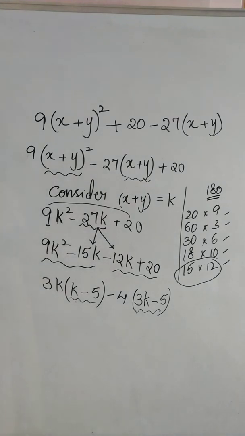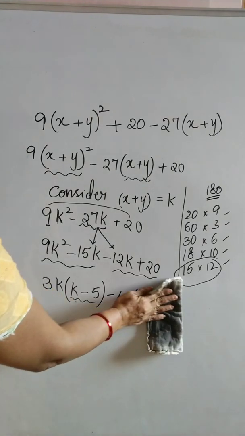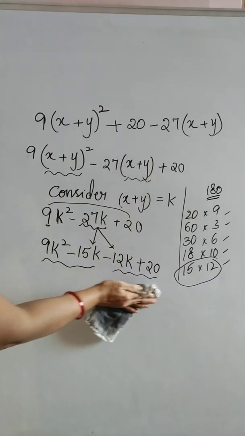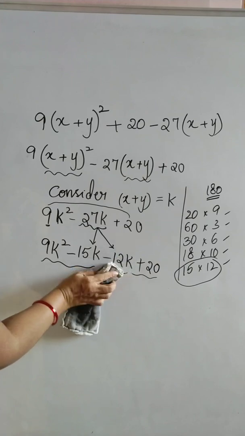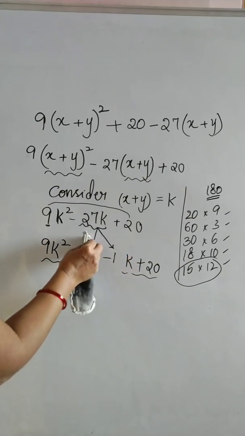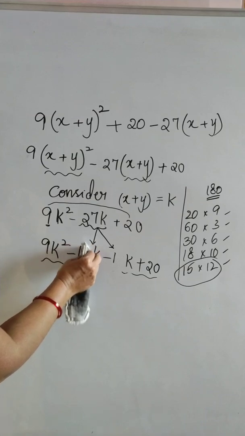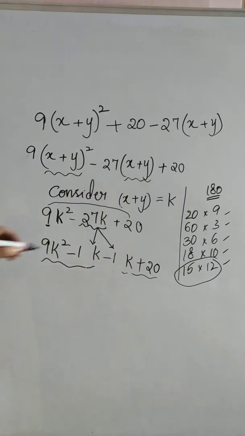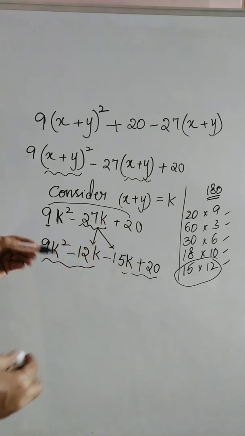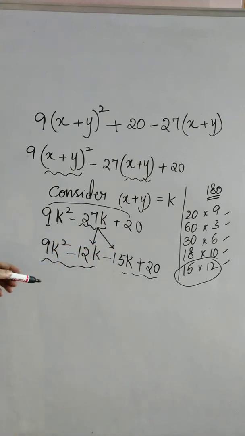So what we do is we just interchange the factors. Instead of like this, we write 15 and here we write 12, here we write 12 and here we write 15. Let us see here.